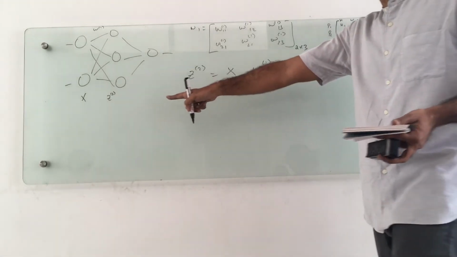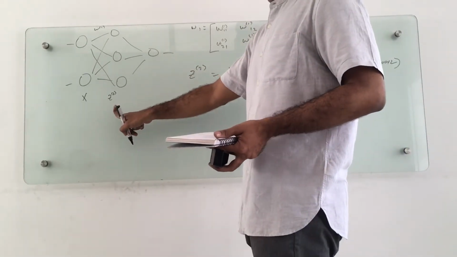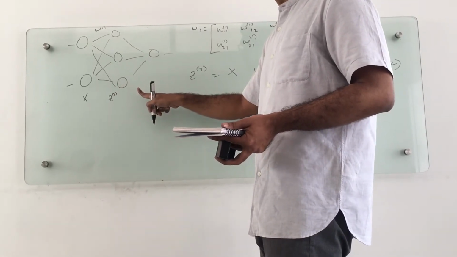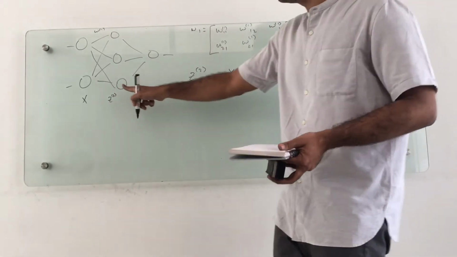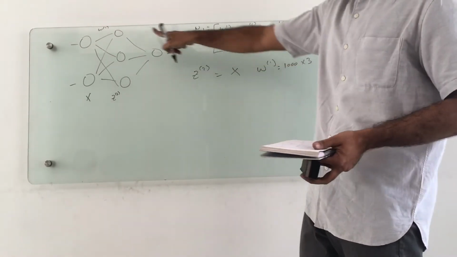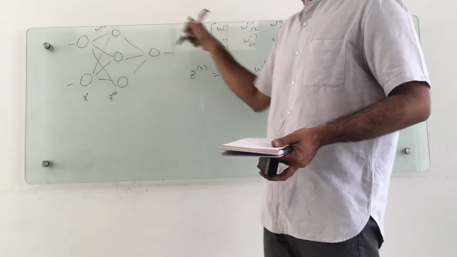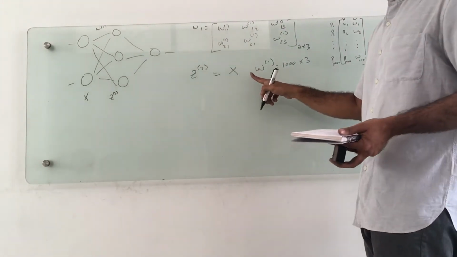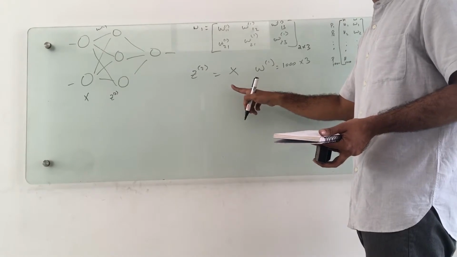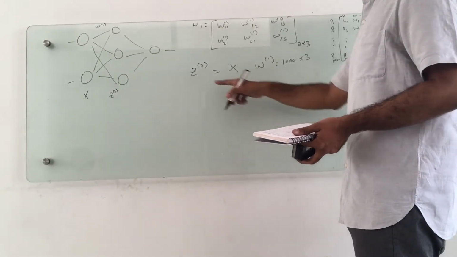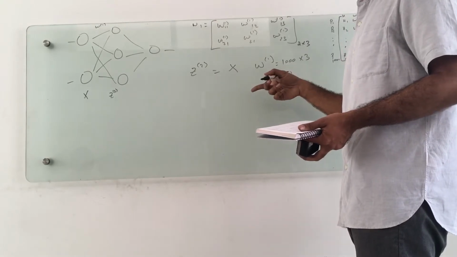So you come here. Now you are activated. You need to cross this neuron. Z is here, and you put that W1, the weight one. This whole matrix is 2 by 3, and X is 1000 by 2. I'm showing the shape of Z, that's all.